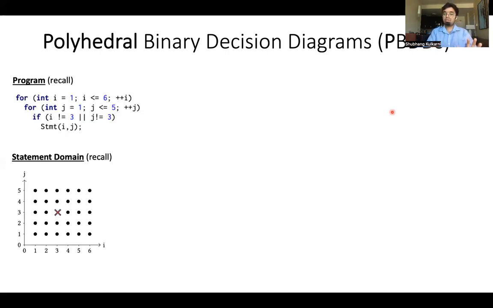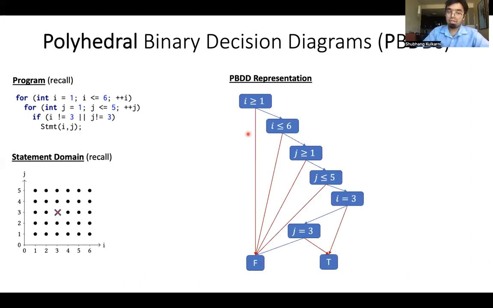So a very simple example: if we consider the program from our previous slides, then the PBDD representation is as follows. We look at the bounds on the iterators, which correspond to the inequalities that are required in the polyhedral representation of the union of convex polyhedra representation, for example. And we include these constraints as the decision variables in our nodes.